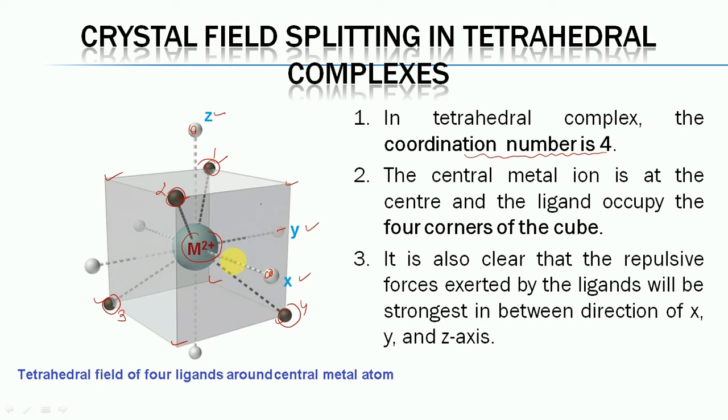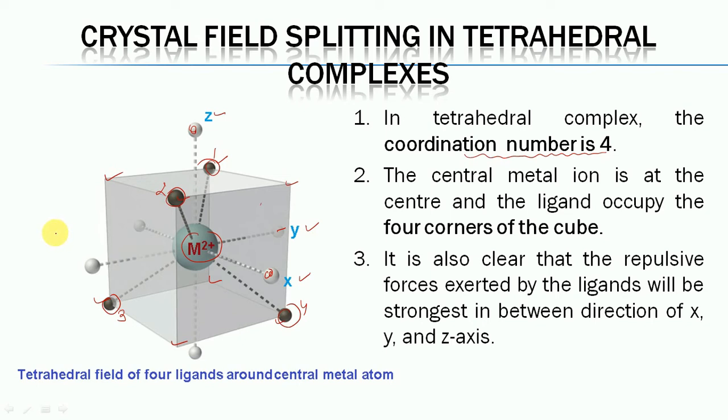So it is also very clear that in case of the tetrahedral field, none of the d orbitals point exactly toward the ligands, and therefore a smaller splitting of energy will take place as compared to the octahedral field.